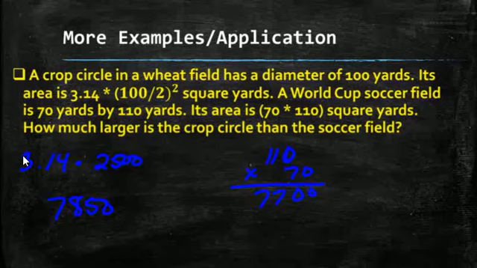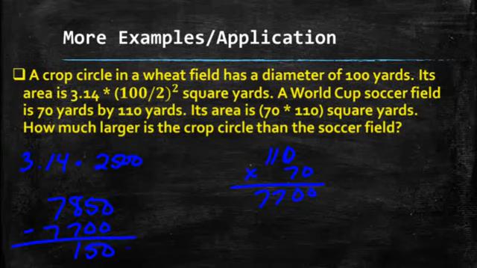So you're at 7,700. If I subtract the two, so I subtract 7,700 from here, you get 150 square yards. That's how much larger the crop circle is than the soccer field.